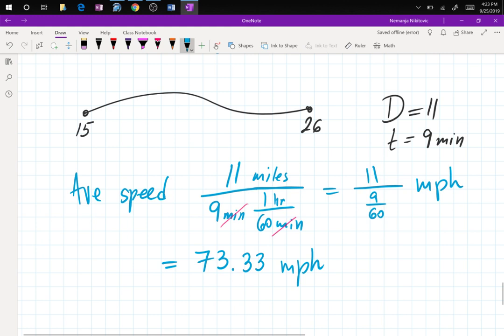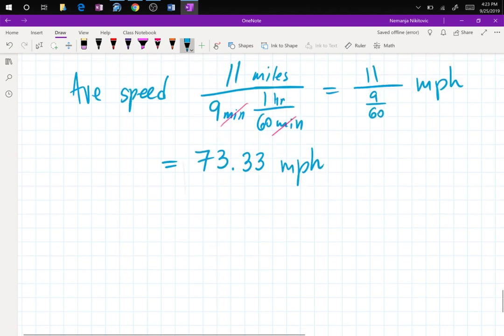So now if I want to go to the door, let's see. 5.25 seconds. 5.25 seconds.